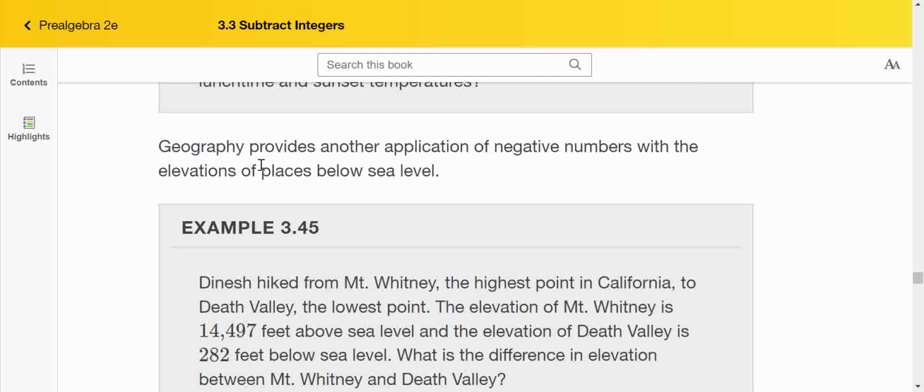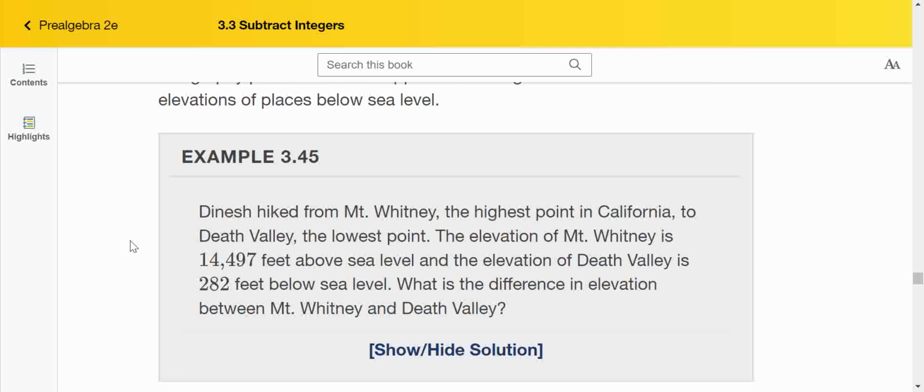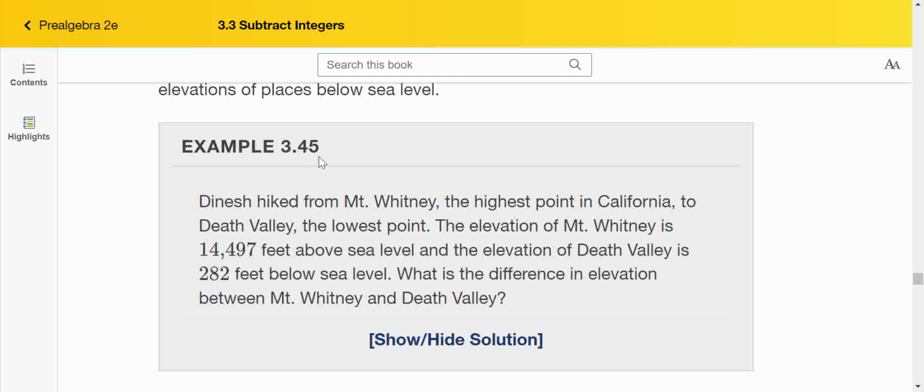Geography provides another application of negative numbers with the elevations of places below sea level. Example 3.45. Dinesh hiked from Mount Whitney, the highest point in California, to Death Valley, the lowest point.